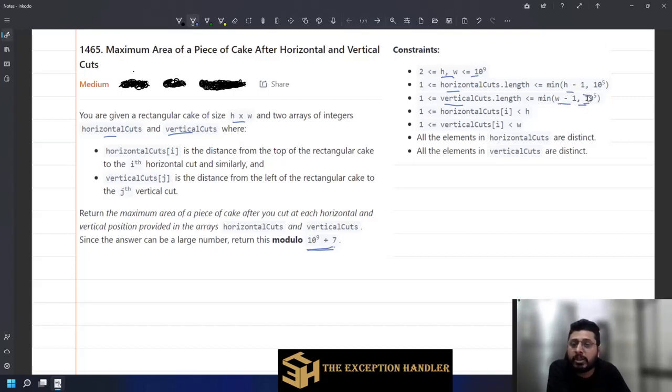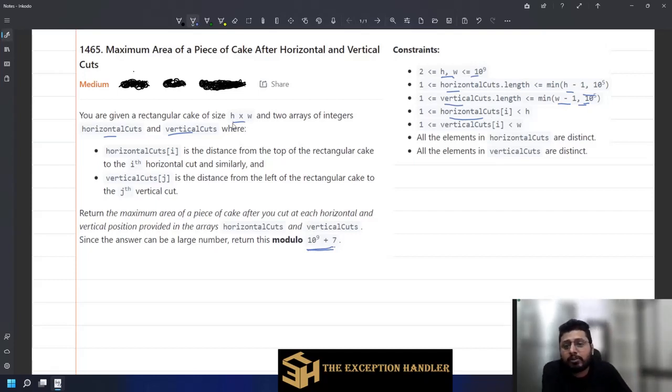This is the main constraint. Of course, any particular cut has to be lesser than the height or the width.